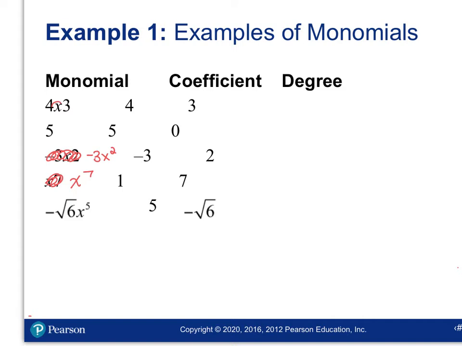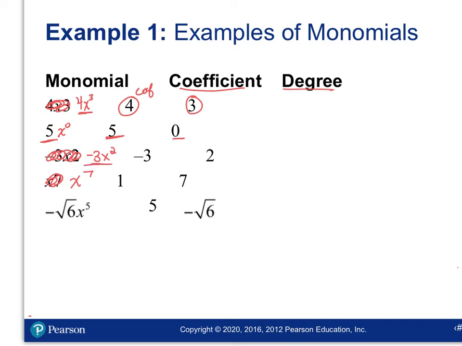So in question number 1, the monomial is 4x to the third. The coefficient is 4. And the degree is 3. In the second one, 5 is the coefficient, and there is no x, which relates to x to the 0 power, so the degree is 0.